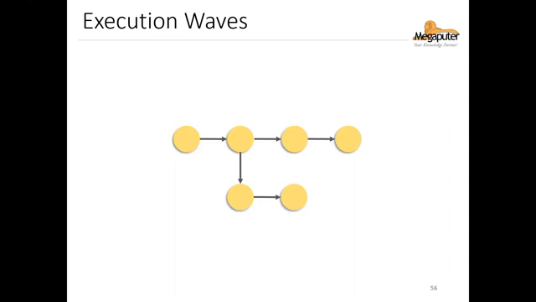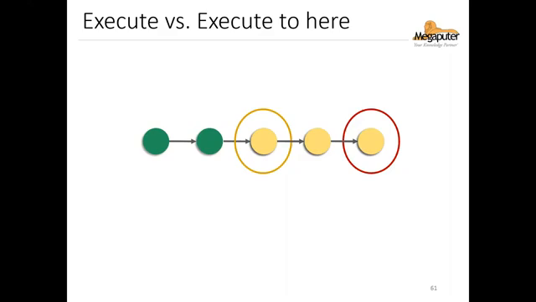But sometimes we want to be a little bit more careful about what we're executing. One of those is this example here, where we want to fiddle around with the node in the middle here, this third node. We want to try out a bunch of different settings to get the exact results we want.